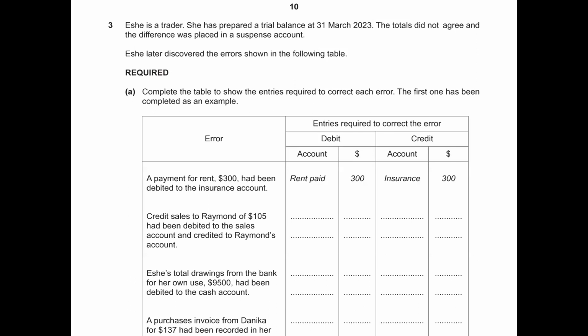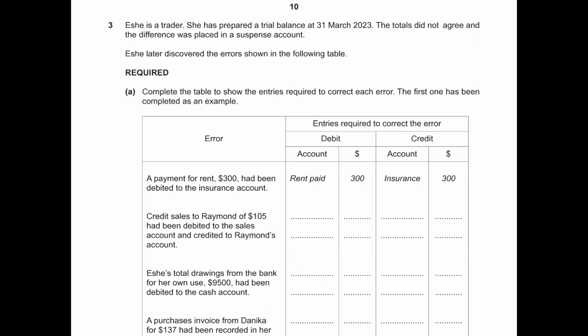So this is a sole trader preparing an account at the end of the period. As they try to balance up the balances, they find that the trial balance did not agree, and then the suspense account was opened. These errors are the errors that affect the agreement of the trial balance.